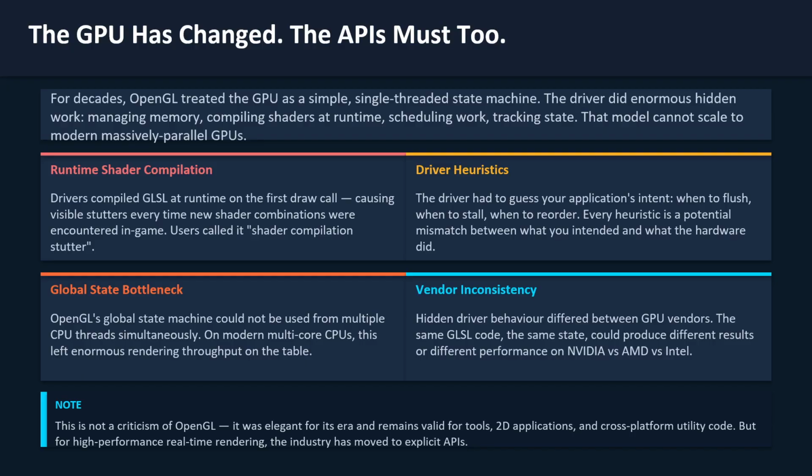You can go and search about it. But what exactly is shader stutter? For example, when you play a game, you are doing a lot of exploration, but suddenly you will see a freeze of the rendering pipeline.